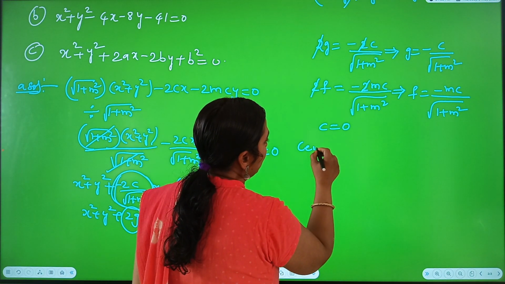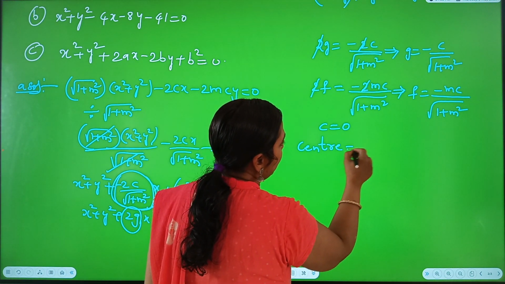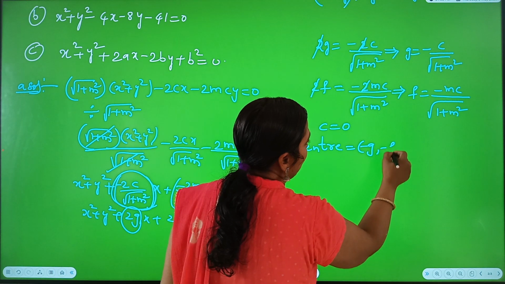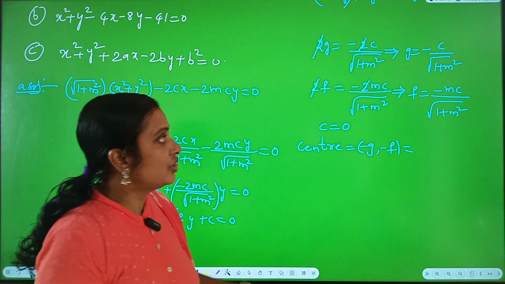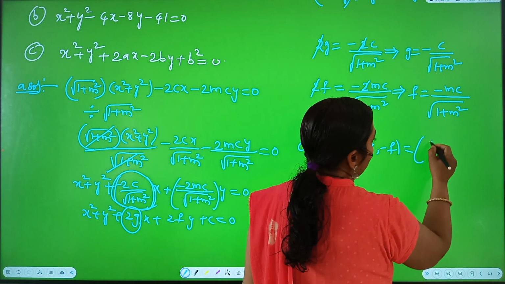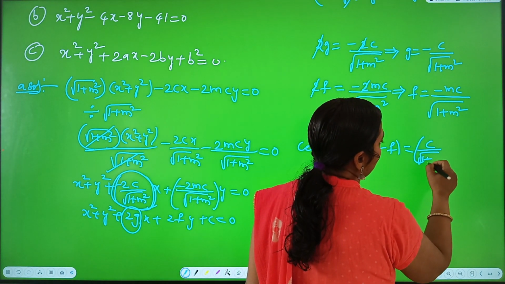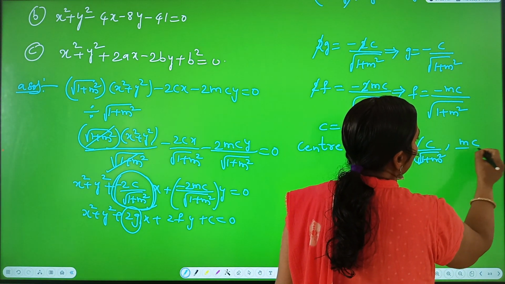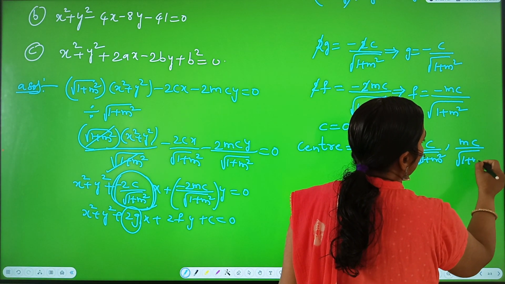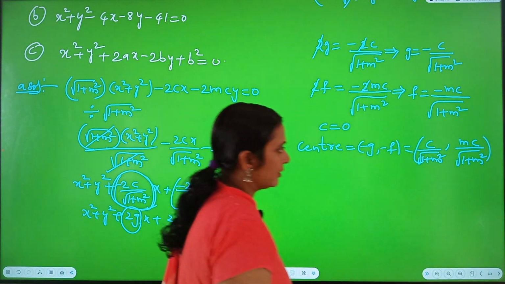Here the center is equal to minus g comma minus f. Here g is negative, so minus g is positive. So c over under root of 1 plus m square, minus of minus is plus, mc over under root of 1 plus m square, is the center.